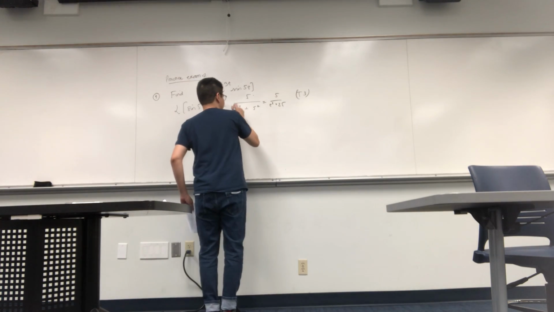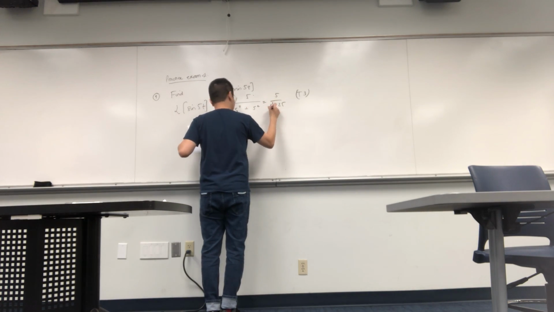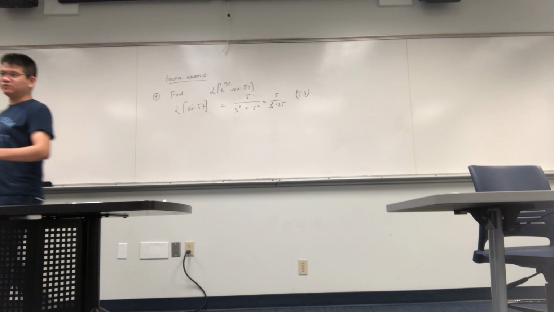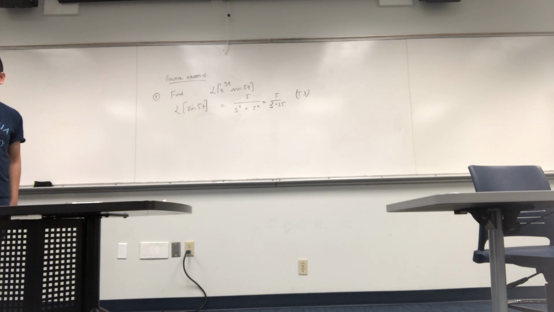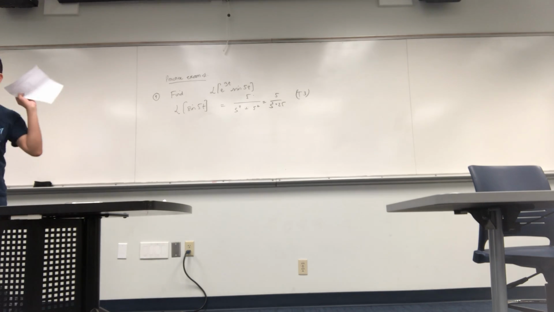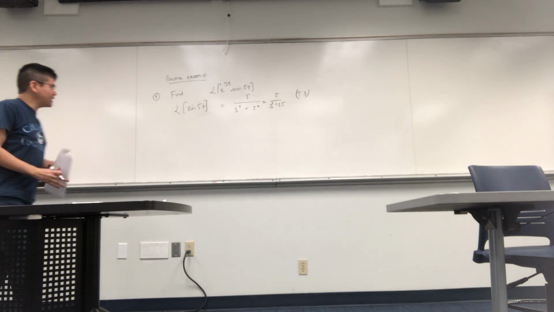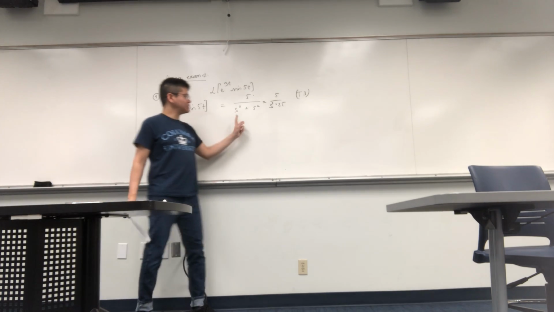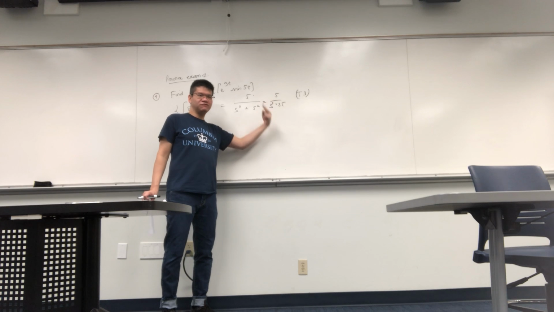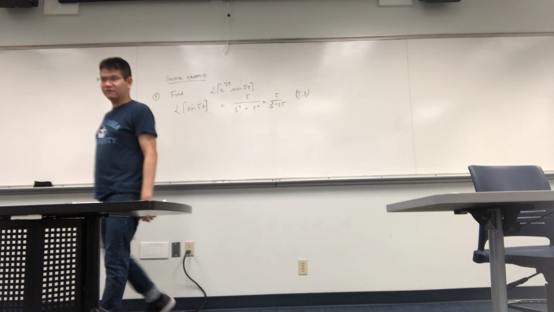S squared, sorry. Right? So the first thing you do is you check the table and you see that in T3, the sine of 5t will be 5 over s squared plus 5 squared. This gives you 5 over s squared plus 25.